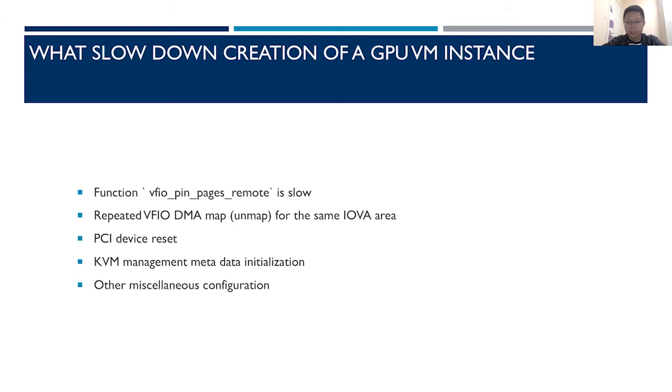This page lists the main factors slowing down virtual machine creation. The key factor is that the function VFIO pin pages remote is slow. By debugging, you will find some repeated VFIO DMA map and unmap for the same IOVA area, which makes things worse.